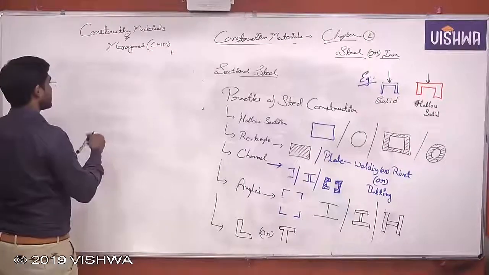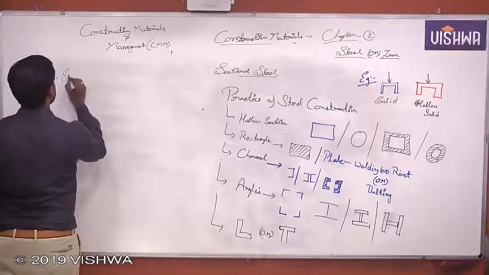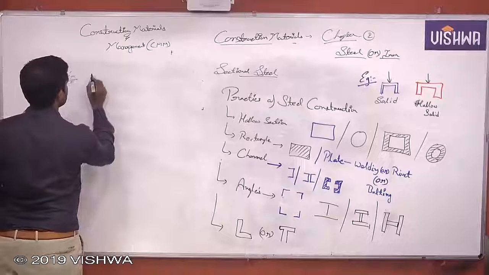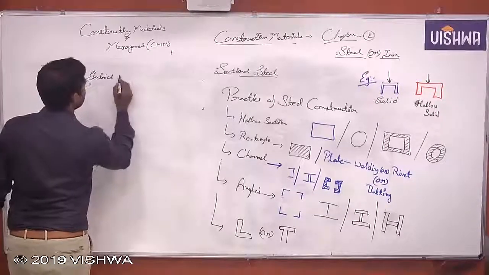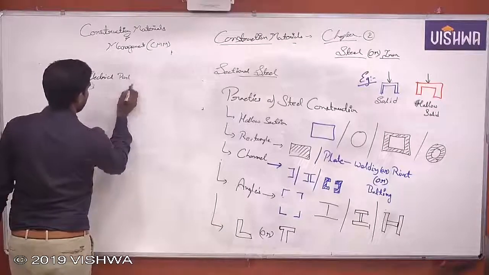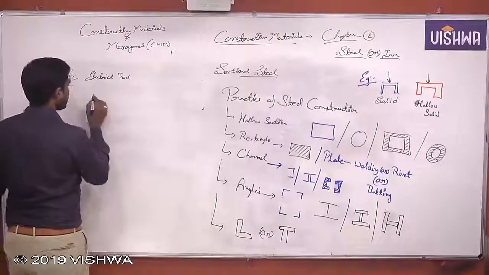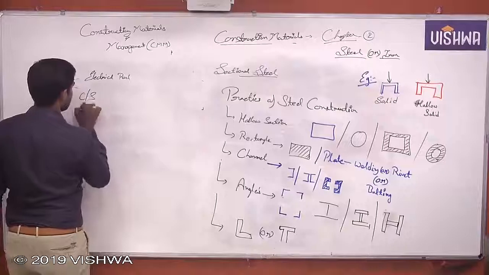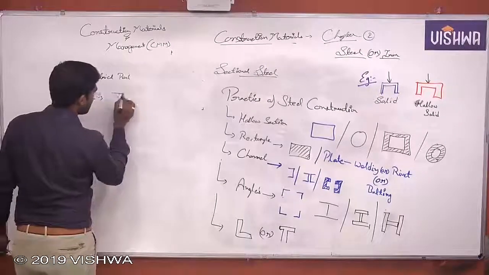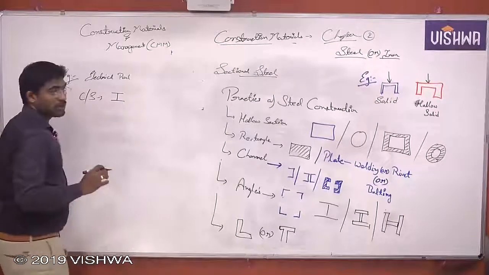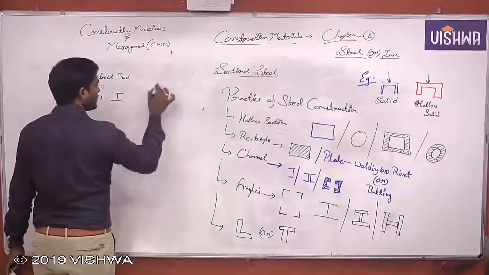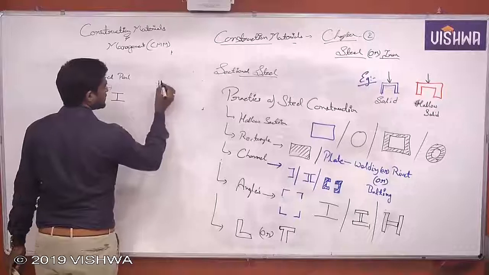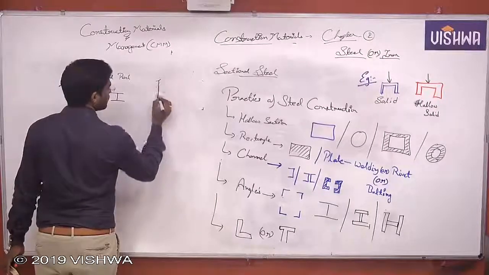We will be discussing the examples so that it will be clear. For example, an electrical pole: if you are going with the cross section, it will be somewhat in this way. And with respect to altitude, it will be in this way. It is exaggerated in this way.